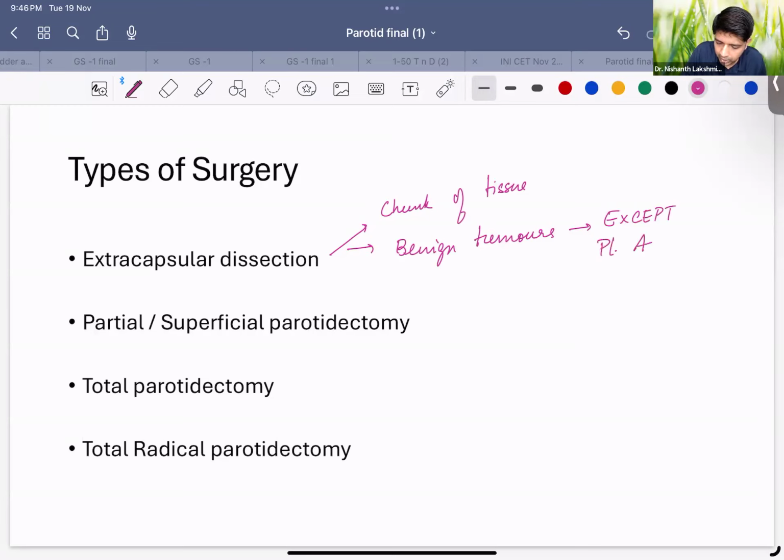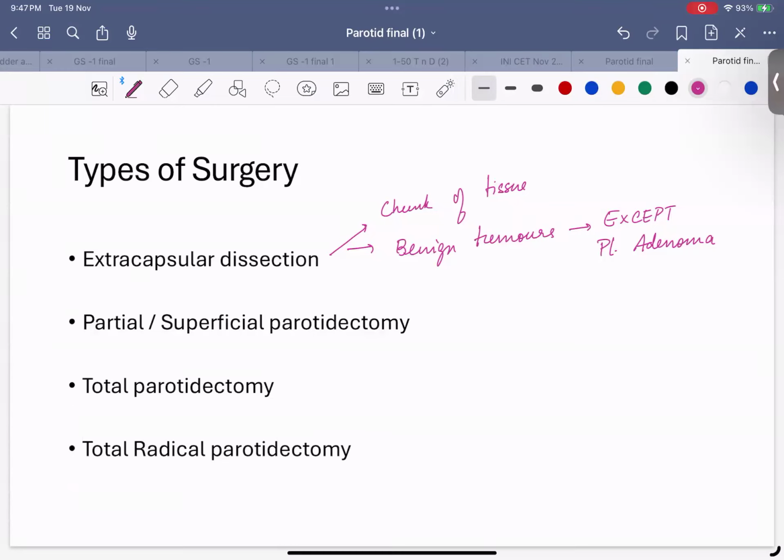Except pleomorphic adenoma. Samir, what is so special about pleomorphic adenoma? Why is it different from the rest of the benign tumors?